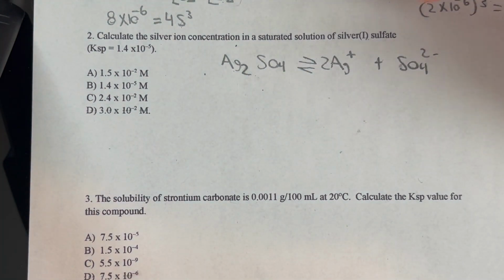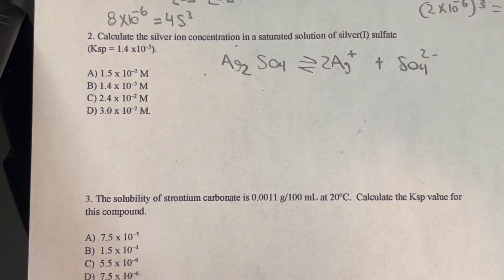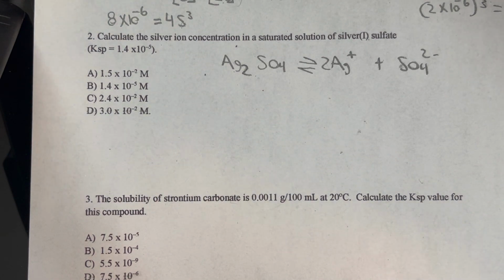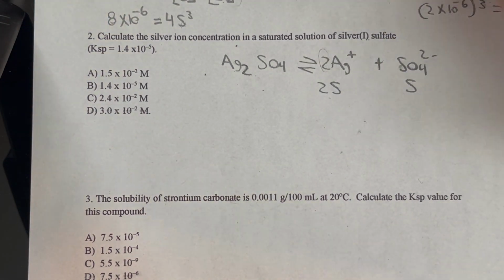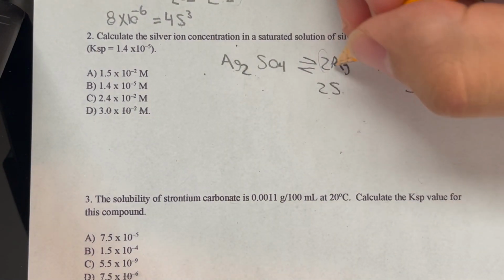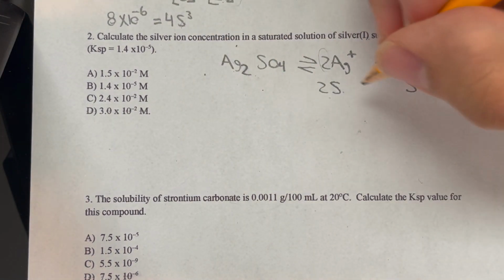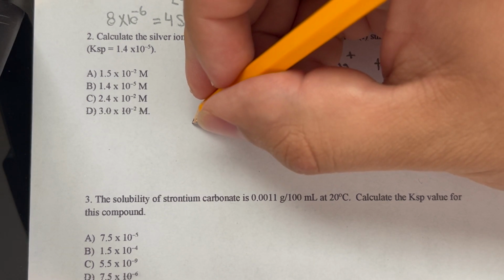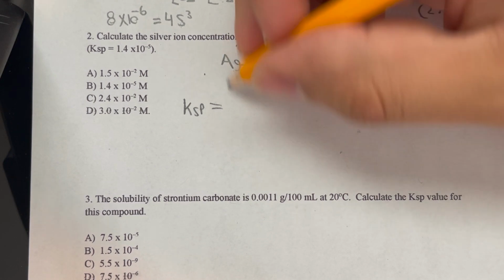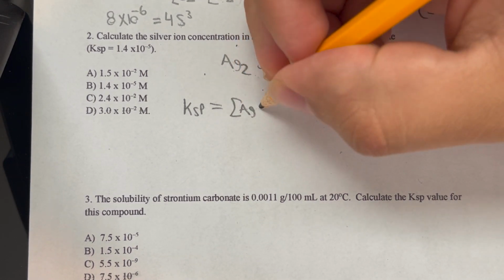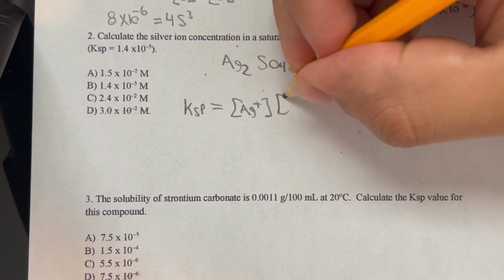Okay, cool. So again, like the last problem, we'll set up a molar solubility. So that's going to be S, and that's going to be S, right? And we have a coefficient, so this is 2S. Once we put it in the KSP expression, then it'll become 2S squared. So remember, KSP is equal to silver ion times sulfate ion.